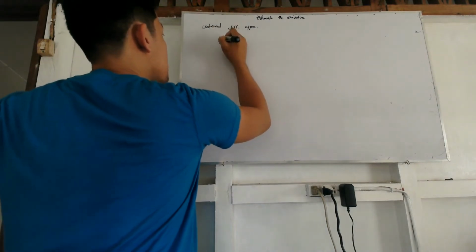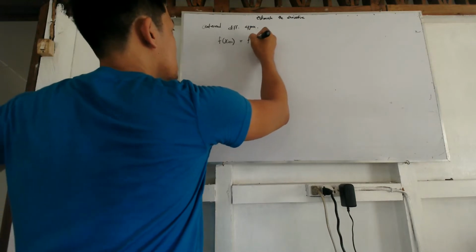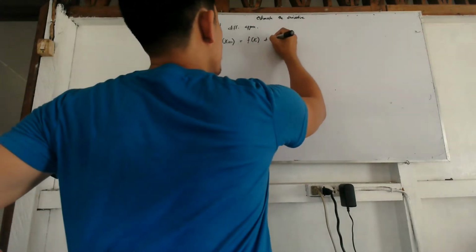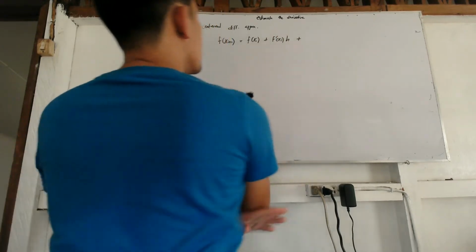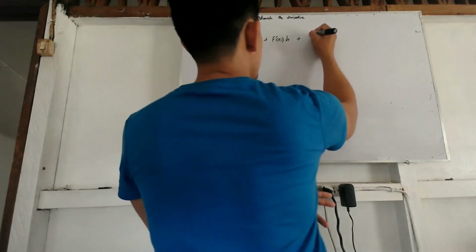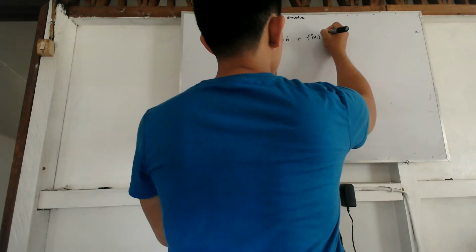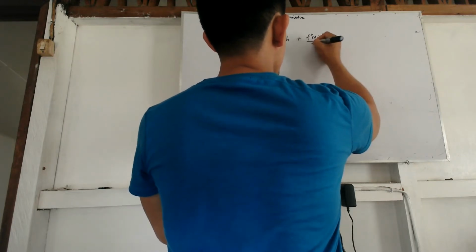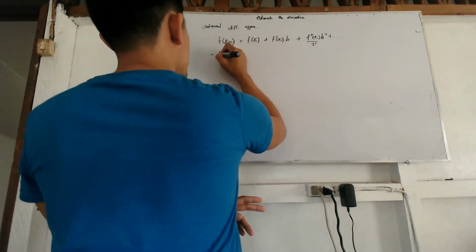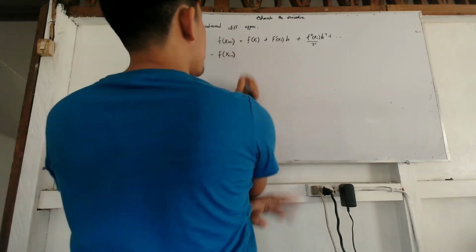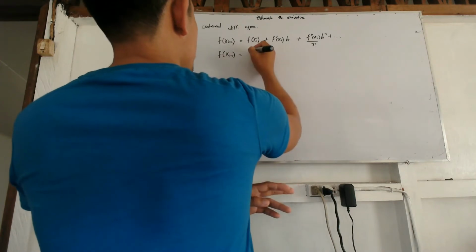You write first the forward difference, plus the second derivative, and then you subtract the backward difference. Okay? Oh no, let's write it first.